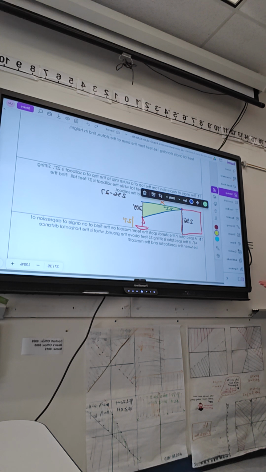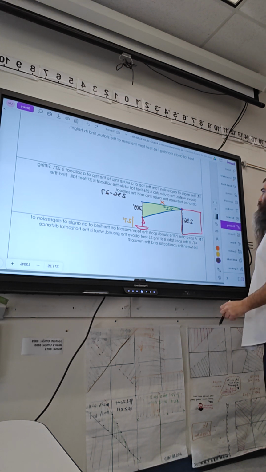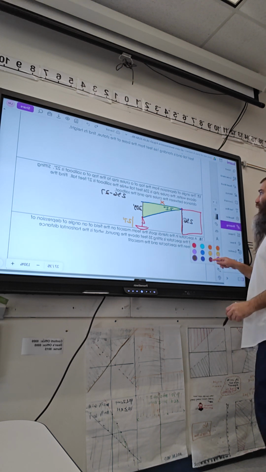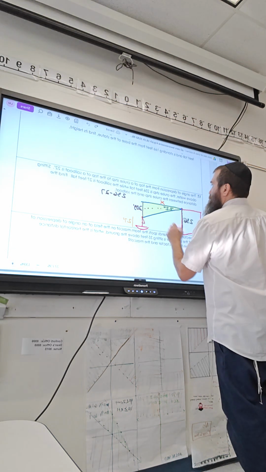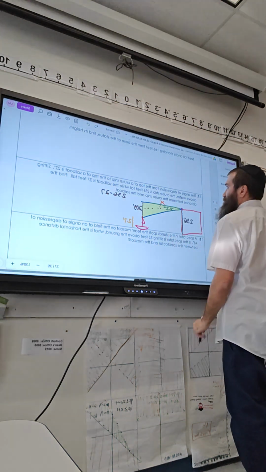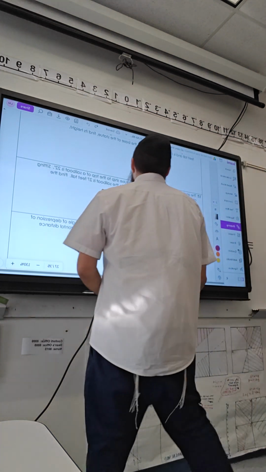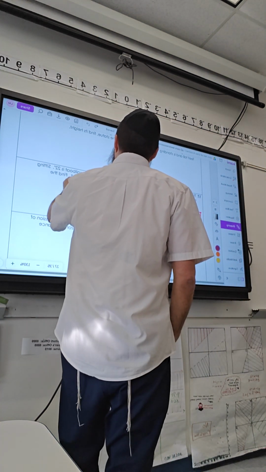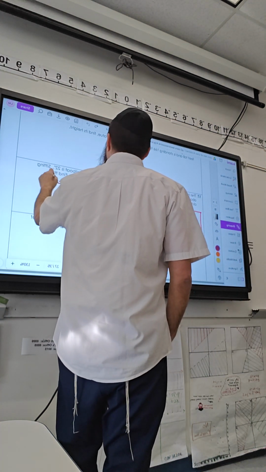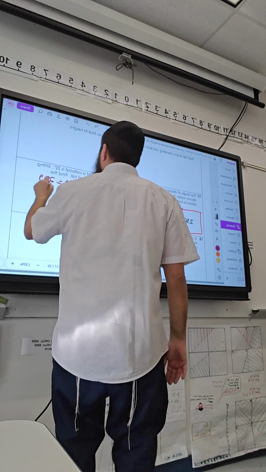From 22's perspective, we have an opposite and an adjacent. Opposite and adjacent is tangent. So we go tangent 22 equals 209 over x.